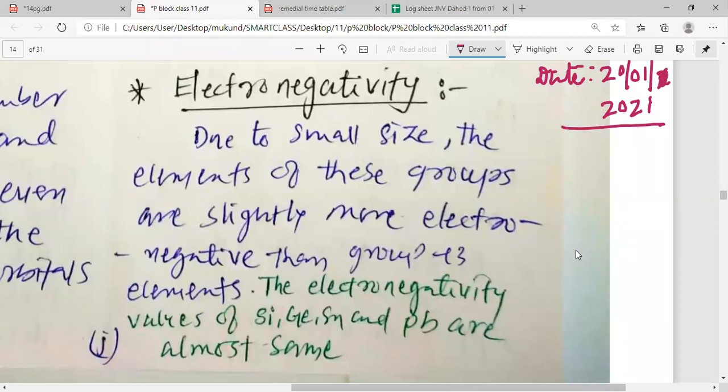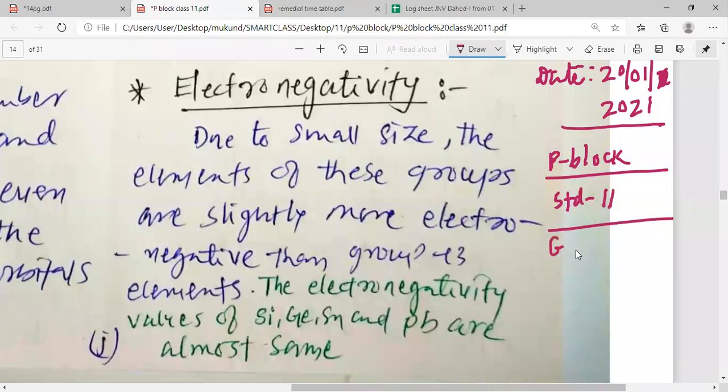So let us revise the topic that we have studied in the last period about the p block elements. Today we shall study the p block elements. Here in 11th standard, we will study about group 14 elements.